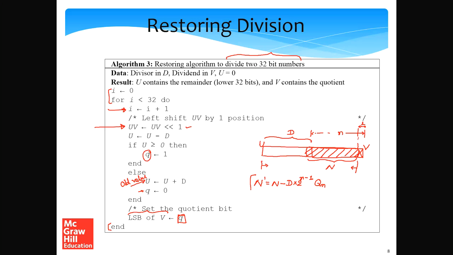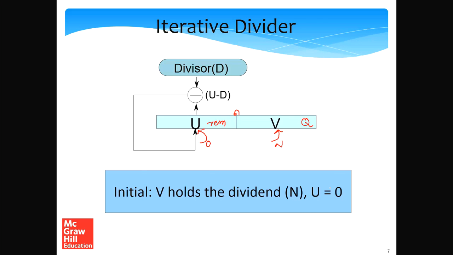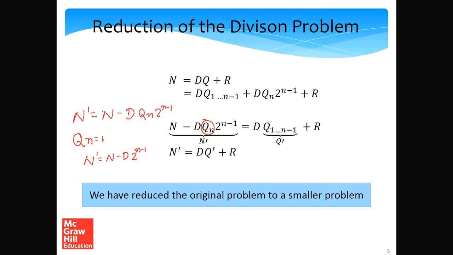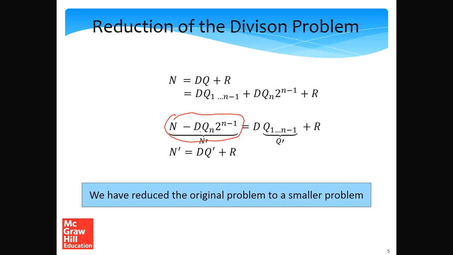Well, so does this particular equation look familiar? It definitely should, because this equation is exactly this equation over here. This is the same term. N dash is n minus divisor times 2 raised to the power n minus 1 times Qn.